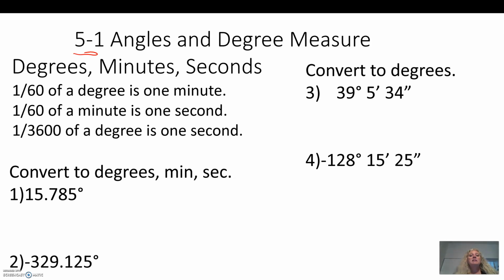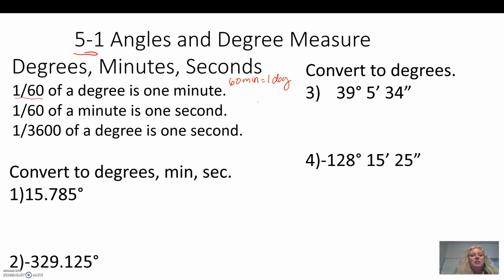Okay, minutes and seconds, there's 60 minutes in an hour, so there are 60 minutes in a degree. There are 60 seconds in a minute, so there are, again, 60 seconds in a minute, even when we're talking about angle measure. So 1/60th of a degree is 1 minute. That just means that 60 minutes equals 1 degree.